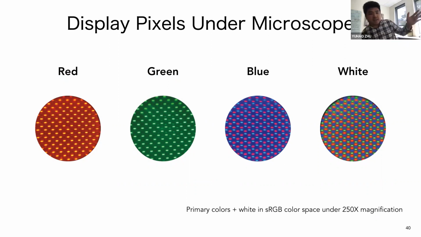So we put the display under a microscope, and these are microscopic photos of the display at different colors. As you will see, if you display white, then all 3 RGB subpixels emit maximum light, which consumes higher power, right? So this shows you that display power consumption is dictated by color.